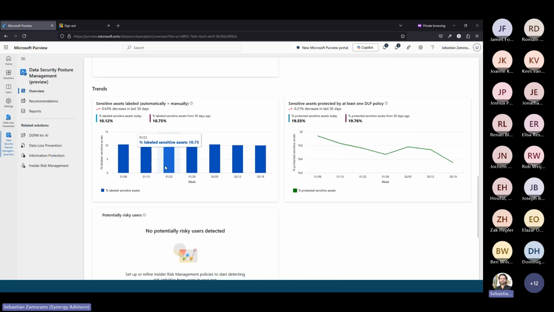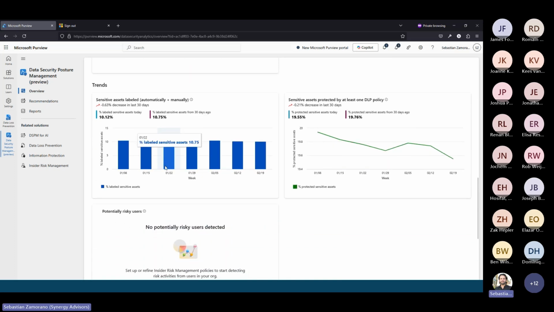Something interesting here is the comparison of what is happening with the labels, how we are applying labels. The percentage of assets protected with sensitivity labels is only 10%, and 30 days ago it was 10.75.